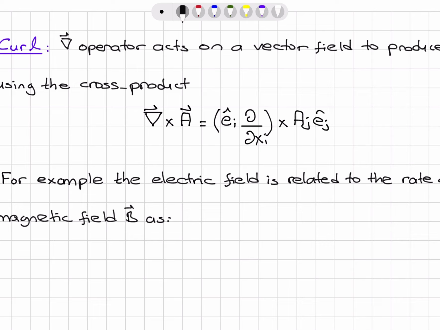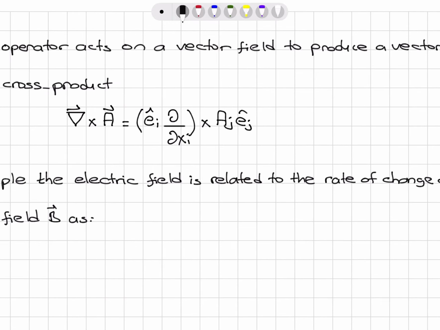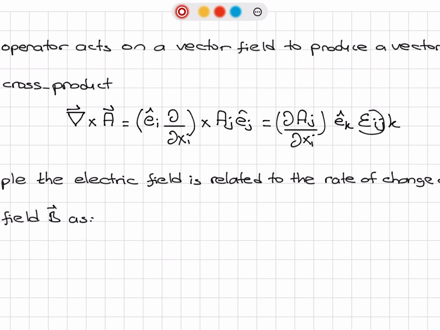This is going to give us del Aj del xi ek hat epsilon ijk. So first we look at the ith component of the first vector.